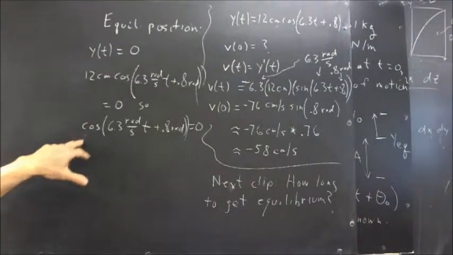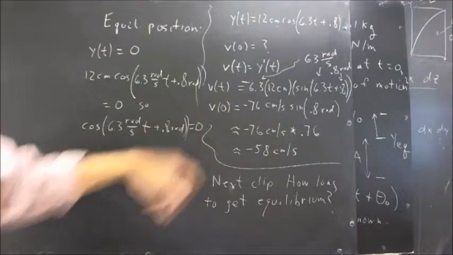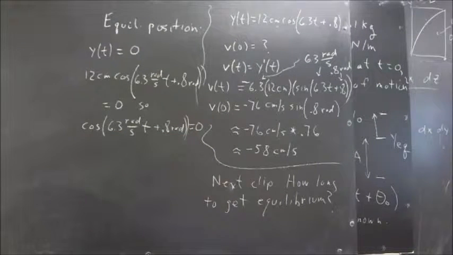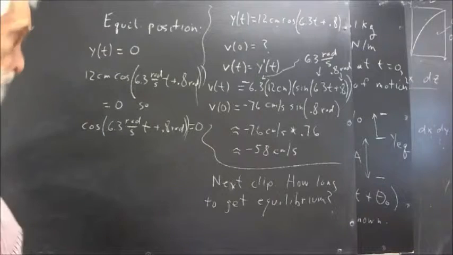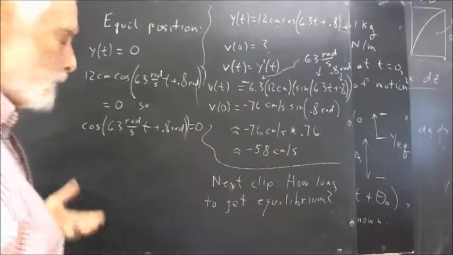Okay? Well, when does the cosine equal 0? We could take the inverse cosine. This should equal the inverse cosine of 0. The inverse cosine of 0 is 90 degrees, pi over 2 radians, but that doesn't give you the complete information. It's going to be that plus a multiple of pi.